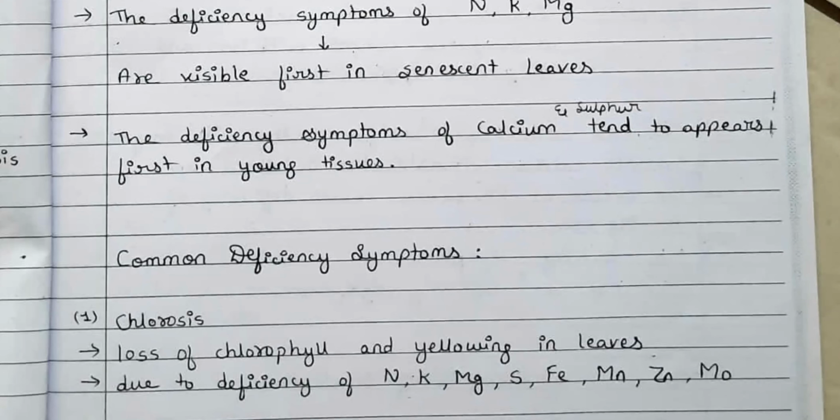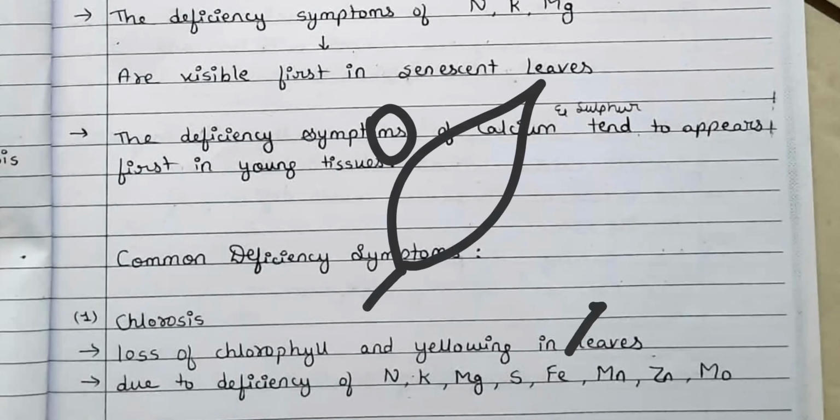No choice. So the deficiency symptoms of calcium and sulfur tend to appear first in young tissue because these elements are a part of a structural component of a cell. They are not easily released from the older leaves. Suppose here are the older leaves, and here the younger leaf is there, right?